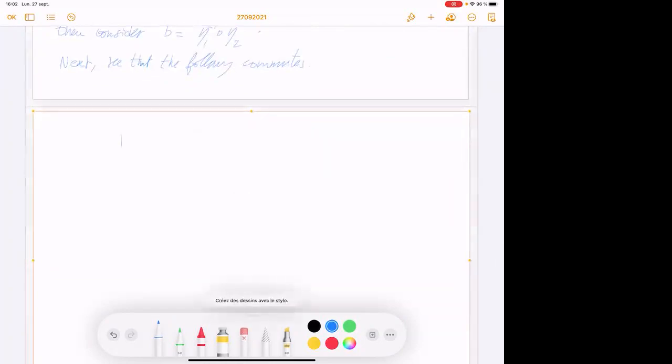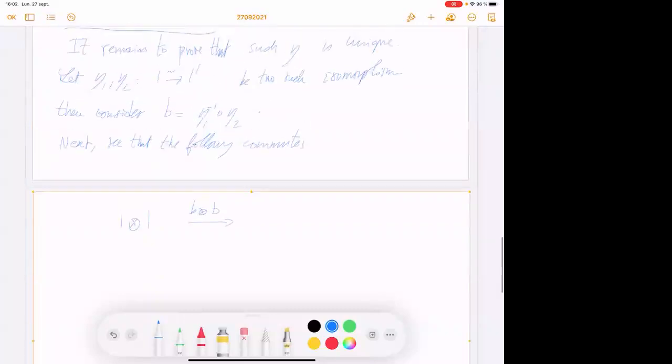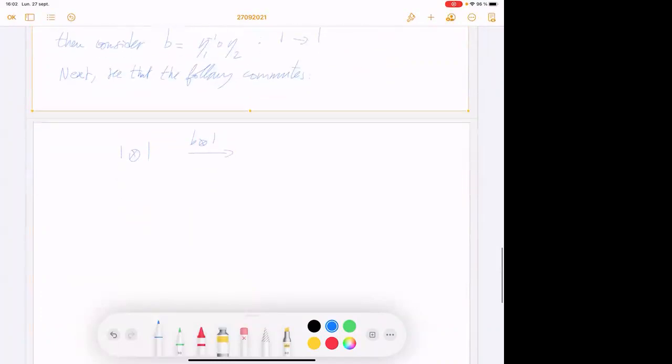So we need to see 1 tensor 1 and B tensor B. So B, of course, is from 1 to 1. So B tensor B from 1 to 1. Here you have iota 1, B 1, iota 1.